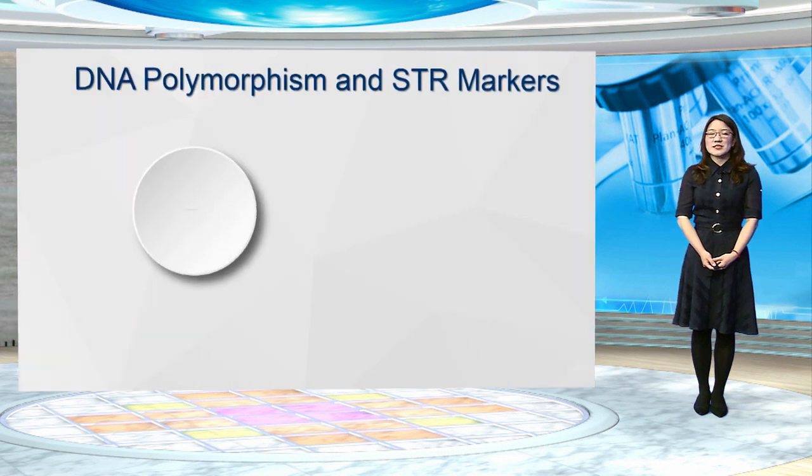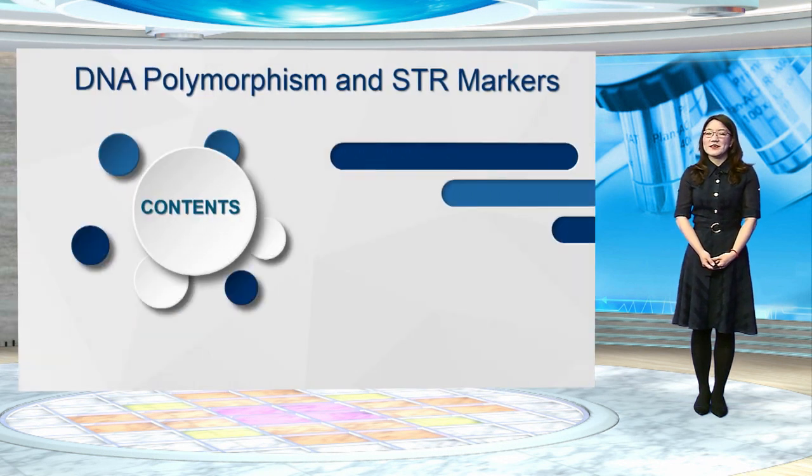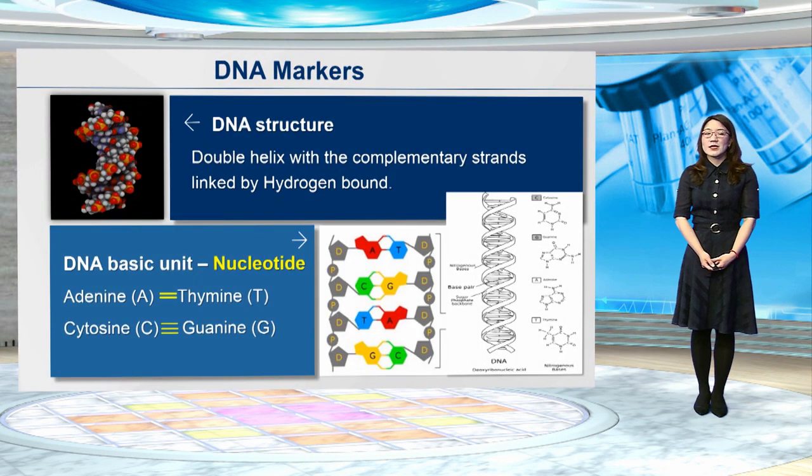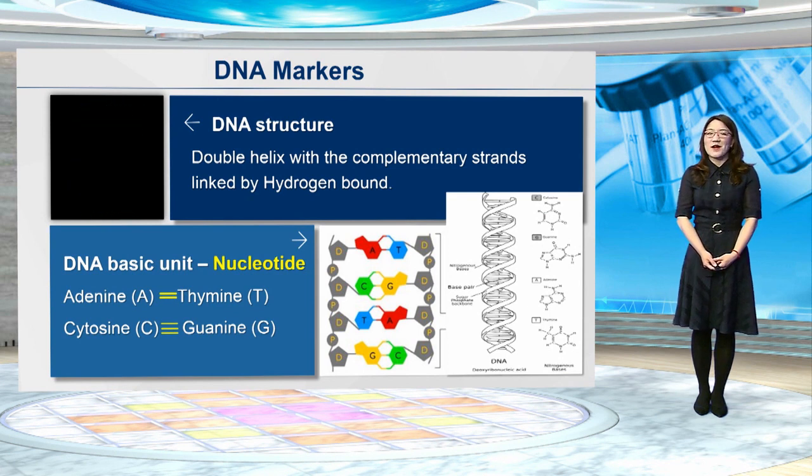In this section, there are three parts: DNA markers, DNA polymorphism, and the nomenclature of STR. The DNA structure is a double helix with complementary strands linked by hydrogen bonds.